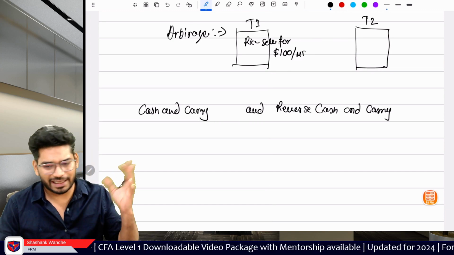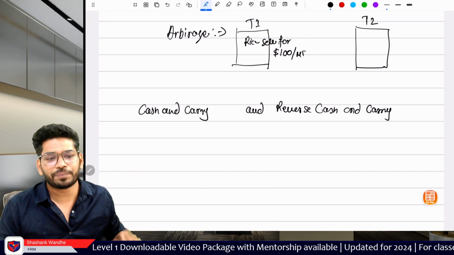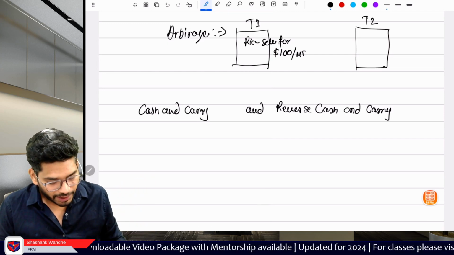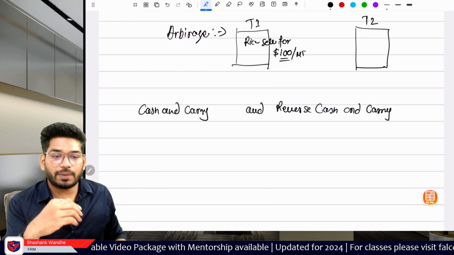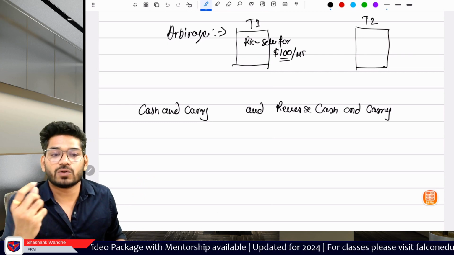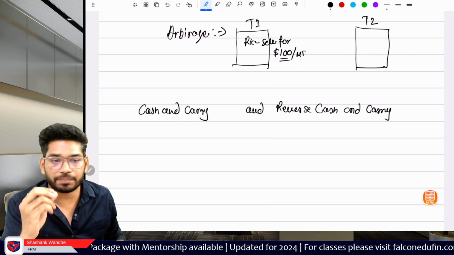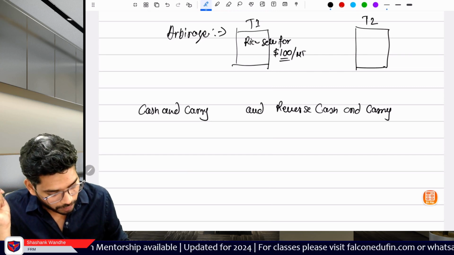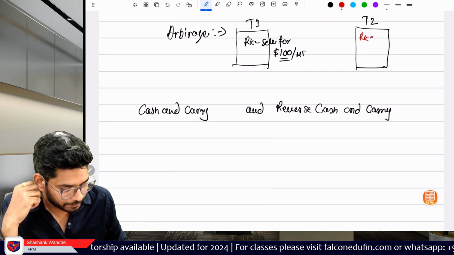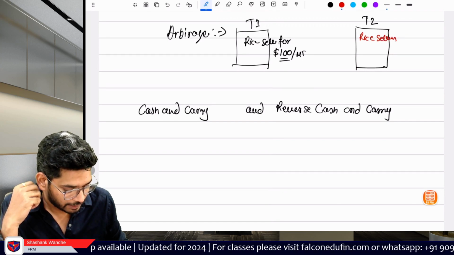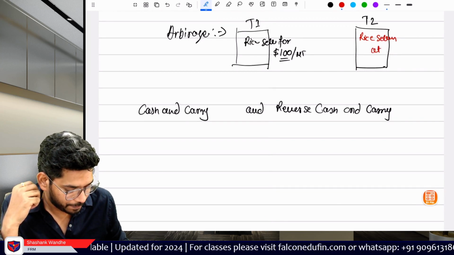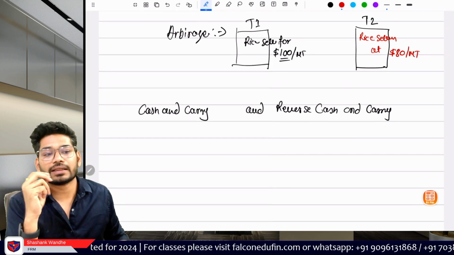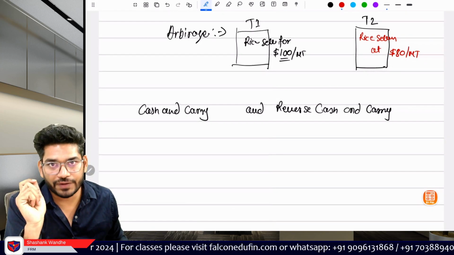Okay, so this is maybe a very cheap price, but for us it is fine, right? So the price for rice in town 1 is $100 per metric ton. Now there is a town 2 where rice is selling at, say, $80 per metric ton. Now here there is a pricing difference.